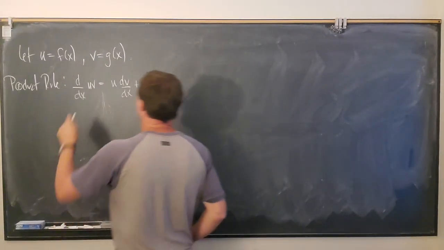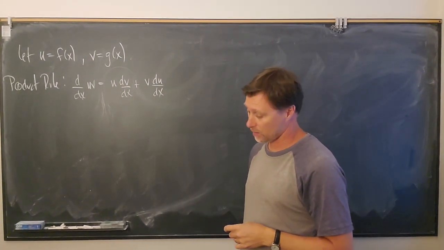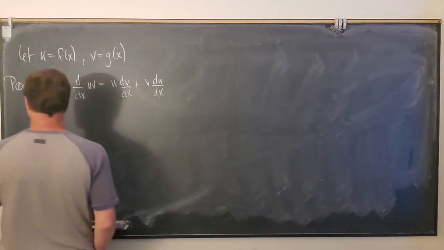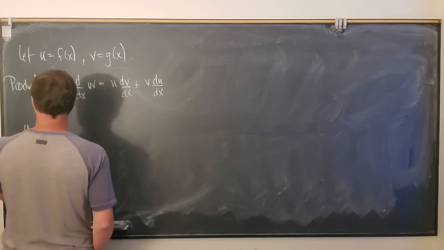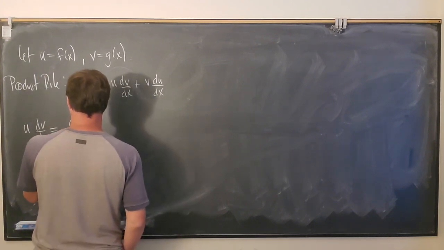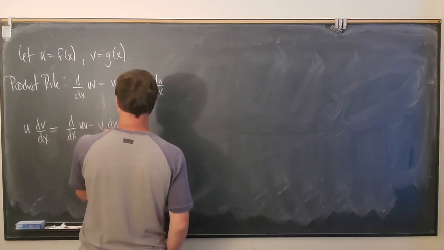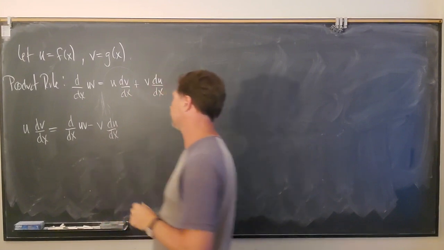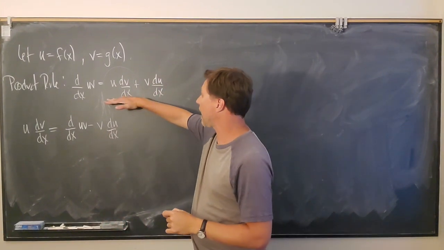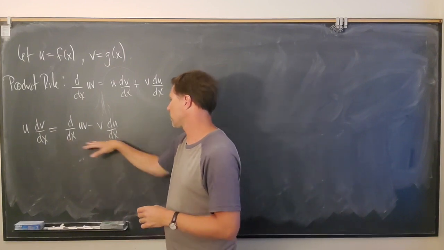Now, what I want to do is solve for that piece right there, the u times dv/dx. And so what we get is u times dv/dx is equal to the derivative of uv minus v du/dx. All I did was solve for that piece and write it on the left-hand side, and so here's our right-hand side.